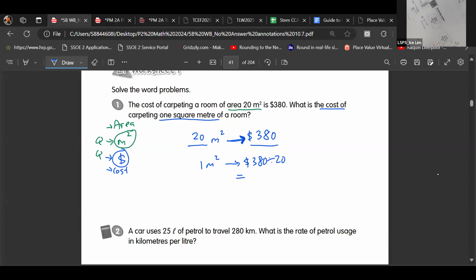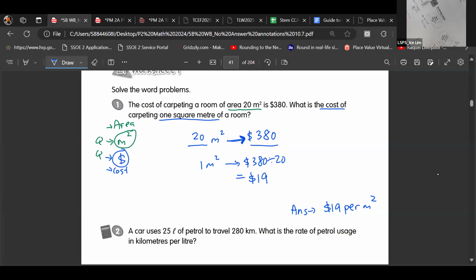Yeah, it's not a calculator question. I don't need a calculator. The mental calculation is good enough. 19. I write my answer. For those of you who write statements, it's fine. You can write the cost of carpeting 1 square meter of the room is $19. Or I write here answer: $19 per square meter.